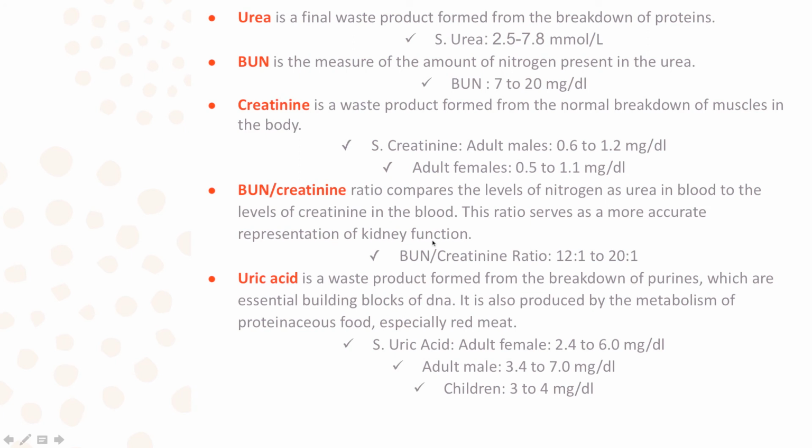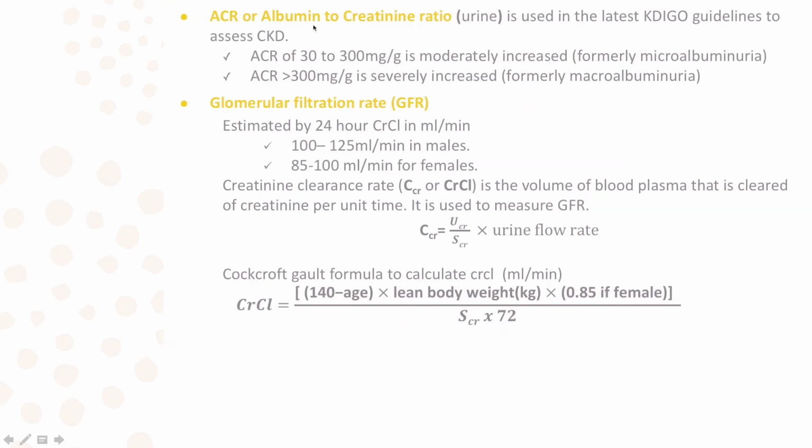The blood urea nitrogen to creatinine ratio is a more accurate representation of kidney function, especially in the setting of acute kidney injury, whereas ACR levels are much more accurate to determine the levels of chronic kidney disease. ACR from 30 to 300 milligram per gram is checked for albumin and creatinine.